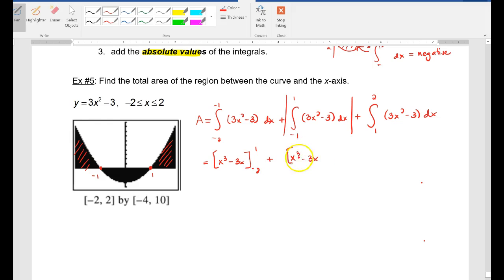Notice all of these are going to be the same. So when we evaluate this whole thing, take a minute to verify, but you should end up with 12 as the total region.